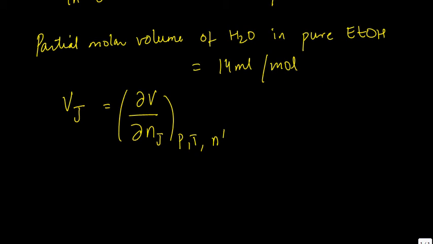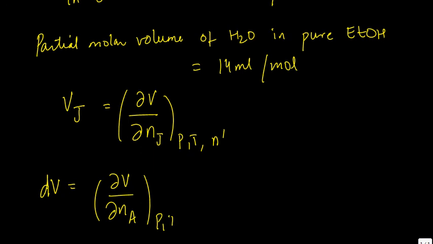So like we have seen in the case of partial derivatives, the total change in the volume, if I say we have 2 components, component A and component B, would be del V by del N_A at constant pressure, temperature, and N_B, times the change in the number of moles of A. N_B is held constant, of course, N_A is not. N_A is the one that we are changing.